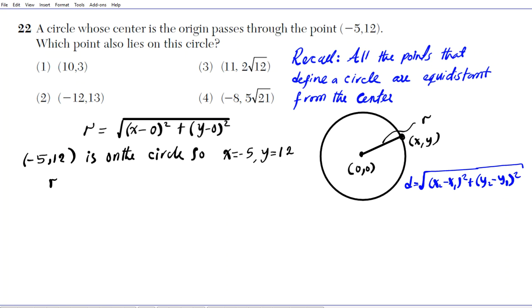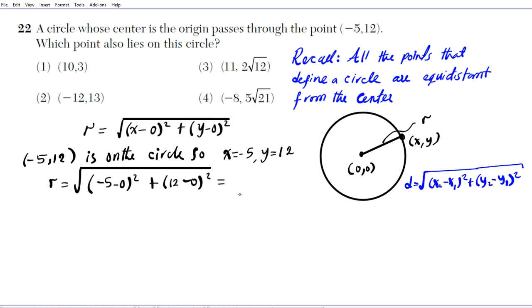So the radius r is going to be the square root of x, which is negative 5 minus 0 squared, plus y, which is 12 minus 0 squared. Okay. All right, now let's go ahead and compute what the radius is.